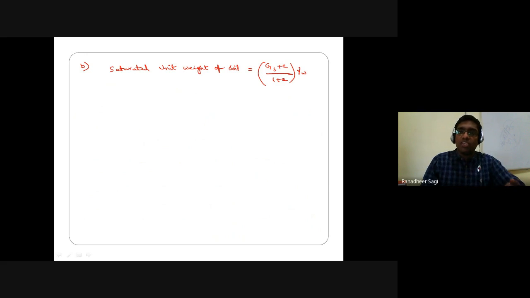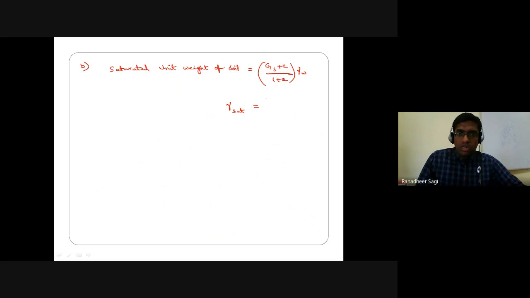Why am I using this expression? Because the specific gravity of the soil solids is a constant value, and the void ratio of the soil is not changing. The void ratio in case B is the same as in the natural state. So Gs is known, e is known, and I can calculate the gamma sat value for the soil to be fully saturated.